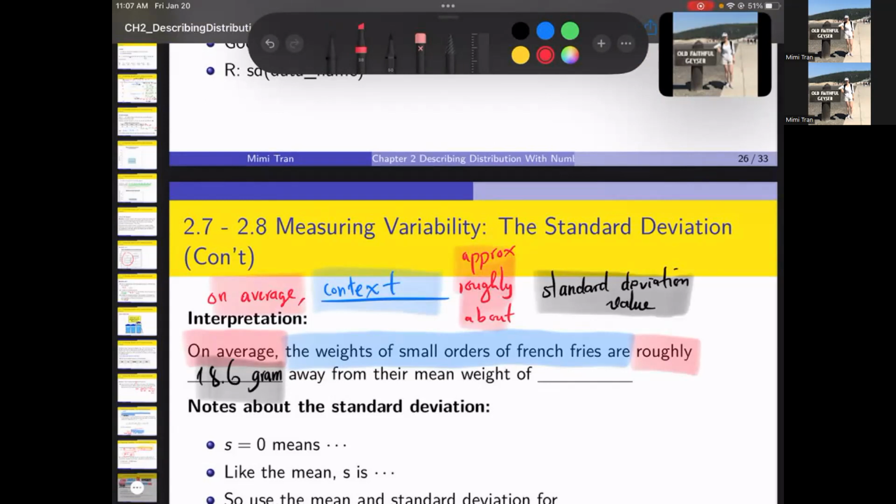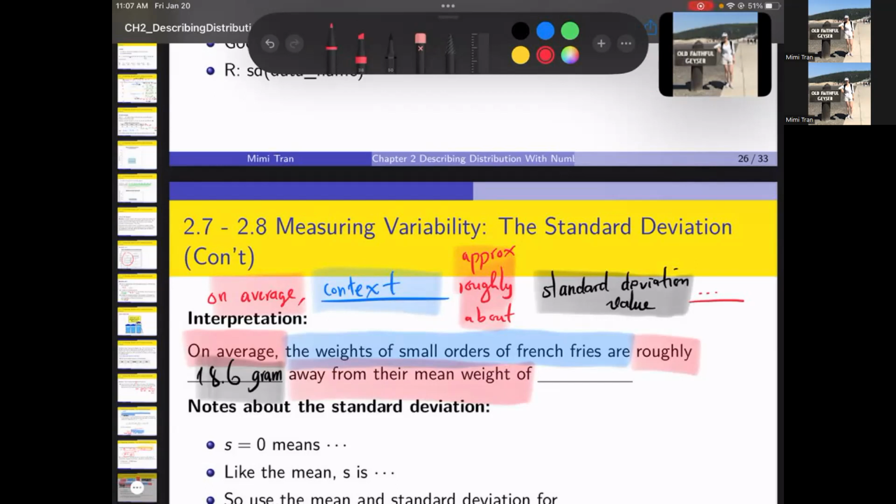Away from the mean weight. I don't have space to write that, so I'm just going to put a line. The weight away from the mean weight. What the mean weight is?